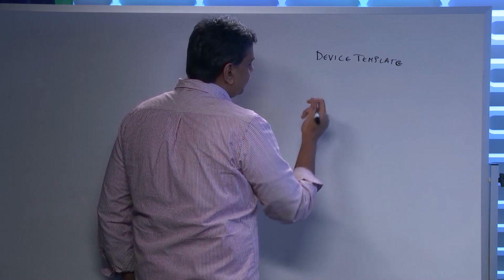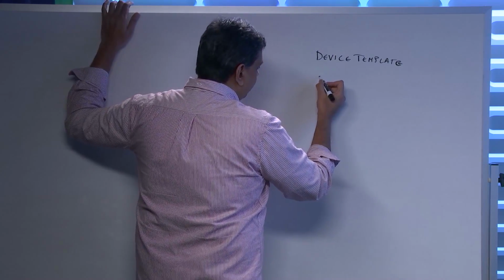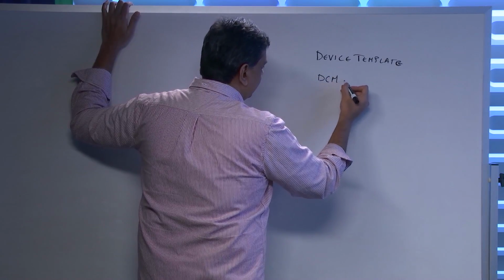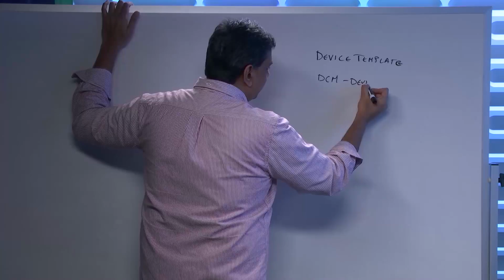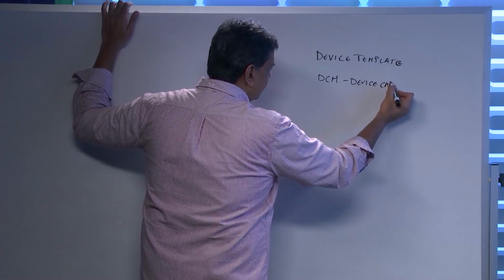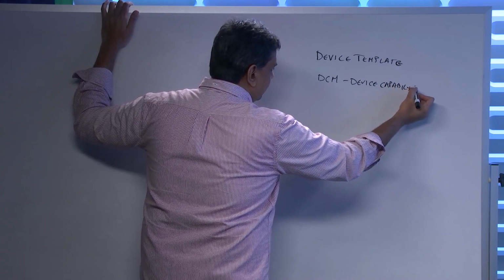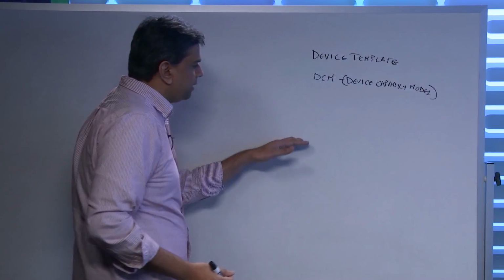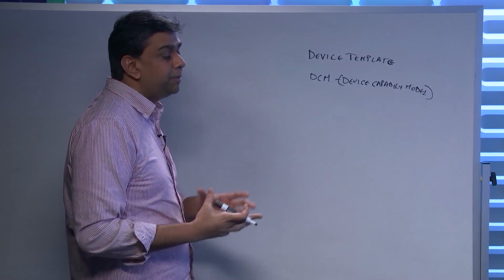So once you start building this template, you start off with something called a DCM, which is a device capability model. What this basically tells you is that the DCM helps you describe the capabilities of your device.